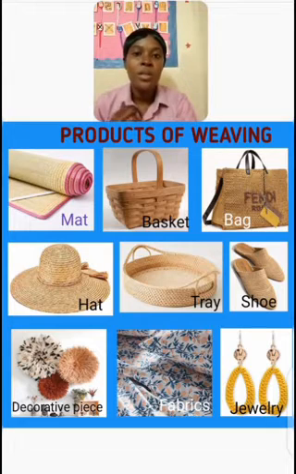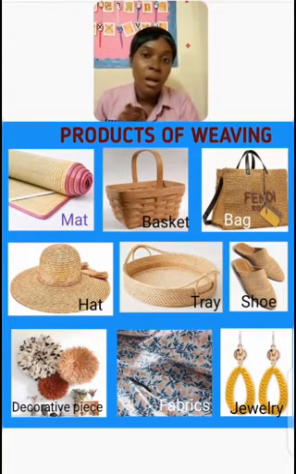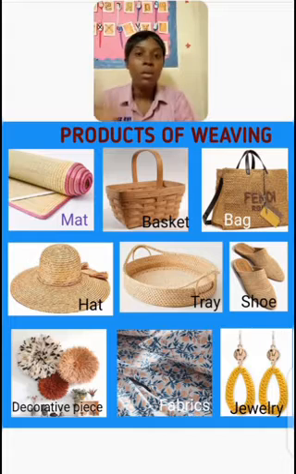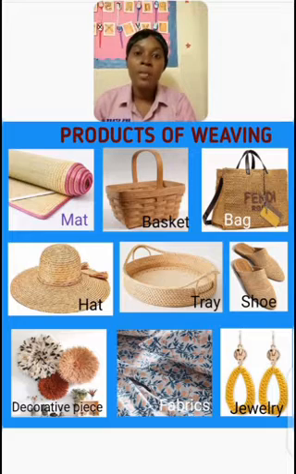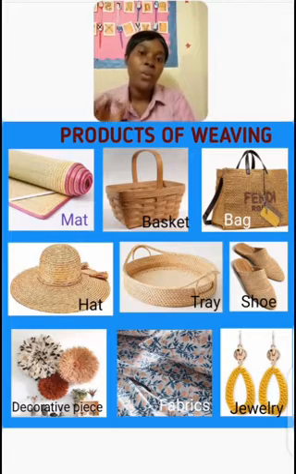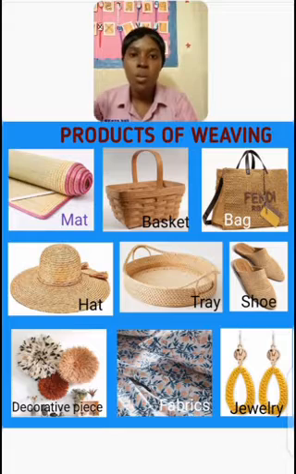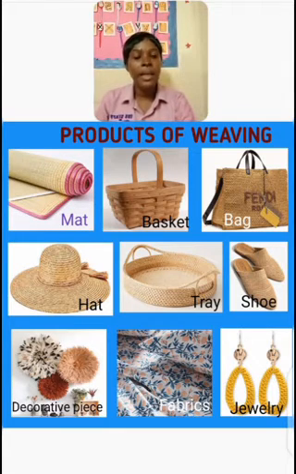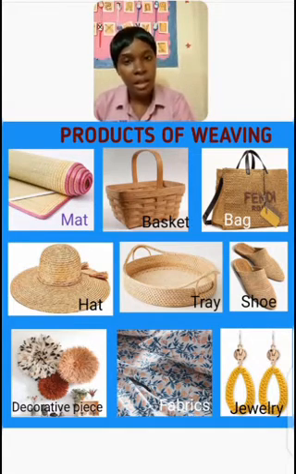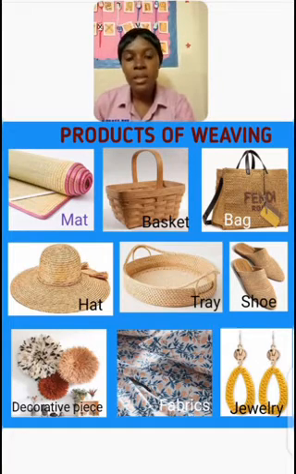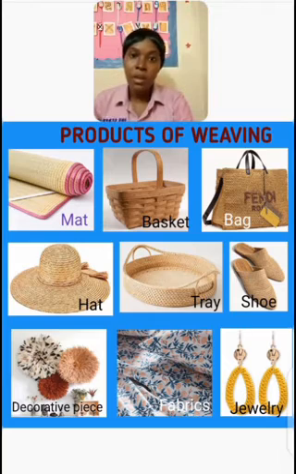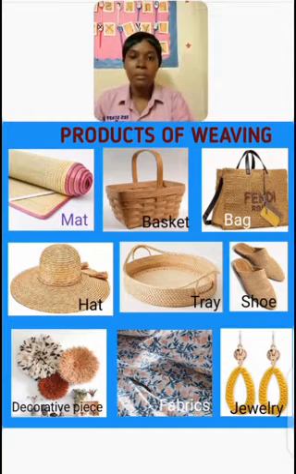Yes, the fabrics that are used to make our clothes, they are all woven products. Whatever type of fabric that you are putting on, it is woven. And the last on my list here is jewelries. Jewelries can be made with the weaving method.